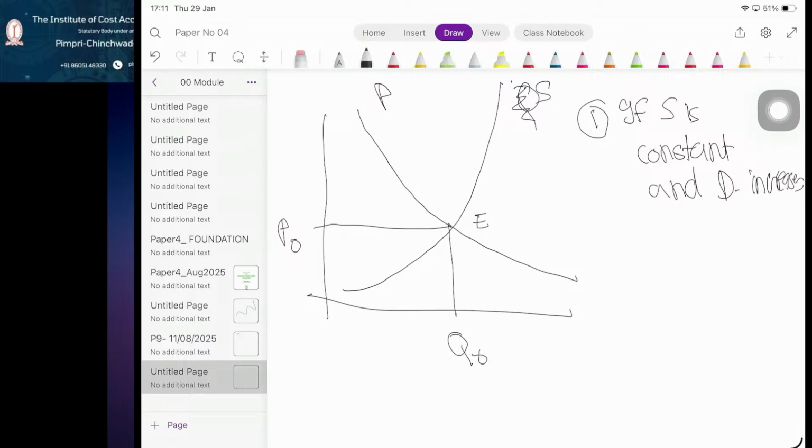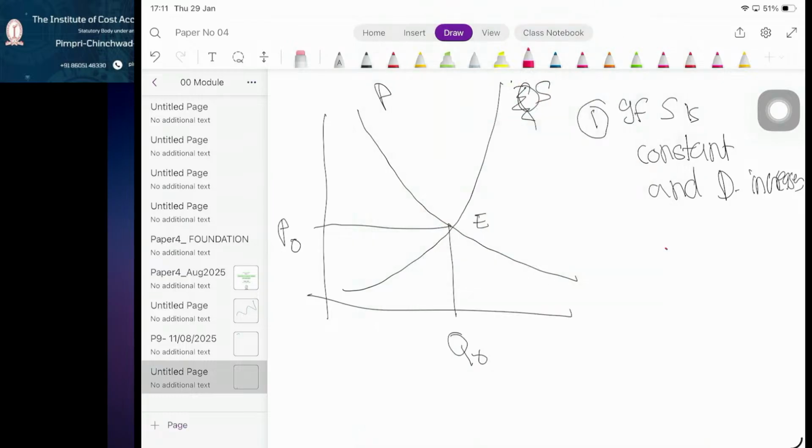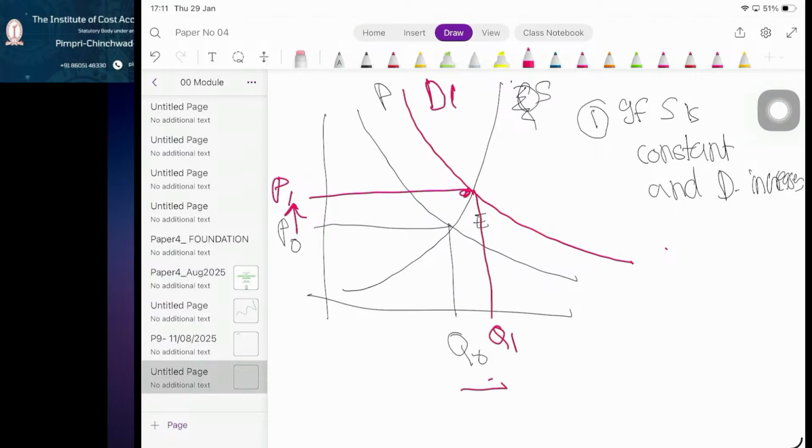Quantity demanded increases and the price also increases, correct? So this is a paradoxical thing because many people who do demand curve are not able to reconcile this. What has happened? Price has increased and quantity demanded has also increased.